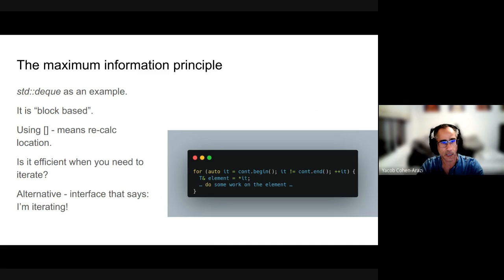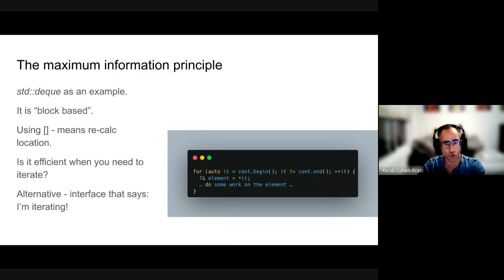It is block based, and using the subscript operator means I need to recalculate the location every time. Is it efficient when I need to iterate over a specific chunk of the container? Maybe it's efficient in one case, but it's probably going to be inefficient in lots of cases.